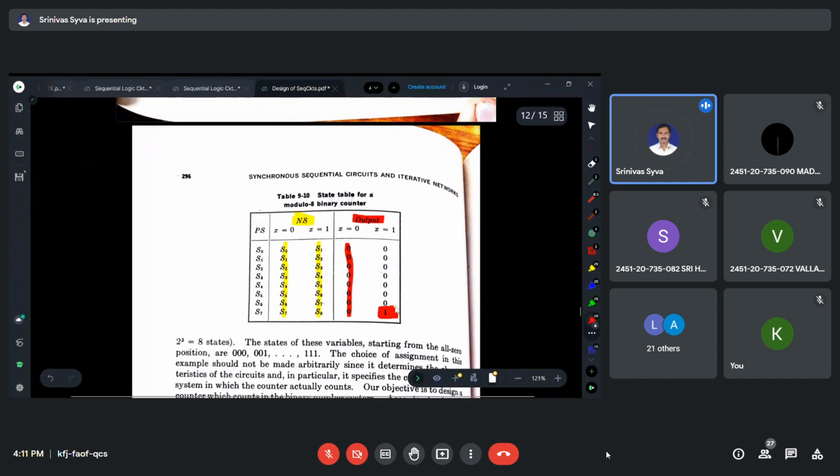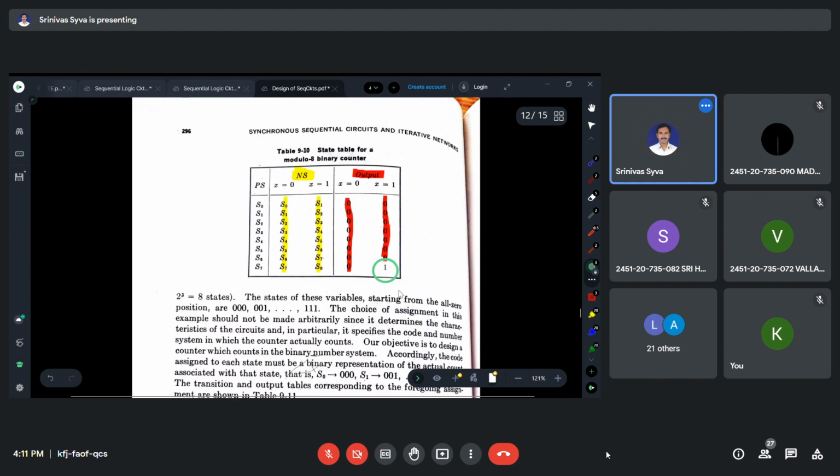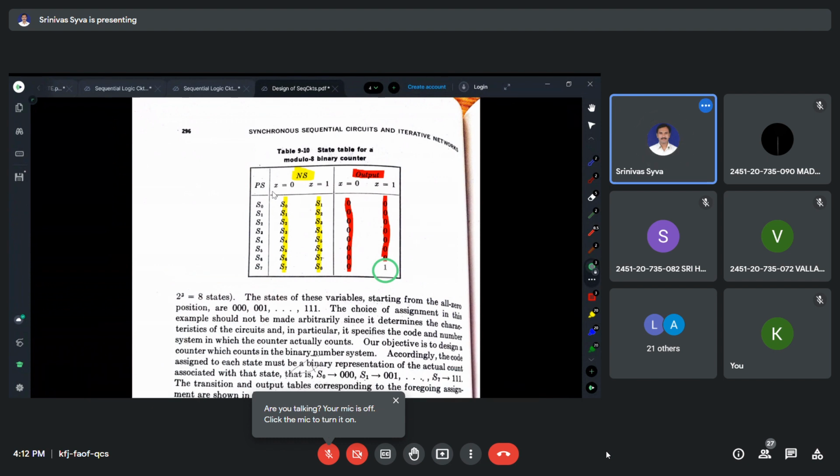So this is the output. The output is set to 1 only after receiving 8 pulses.